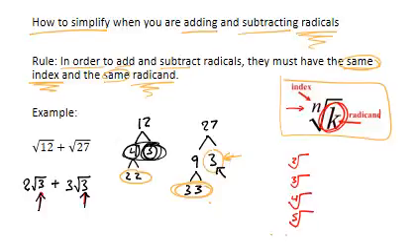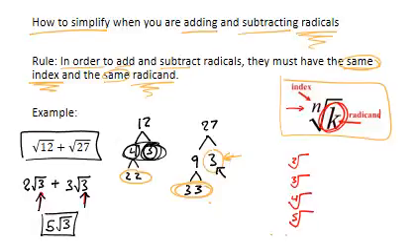So how many total root 3's do I have? 2 plus 3 is 5. I have 5 square roots of 3. And that would be this simplified. 5 square roots of 3. So again, the concept is simplify each radical to see if they have a common radicand so that you can then add them together.